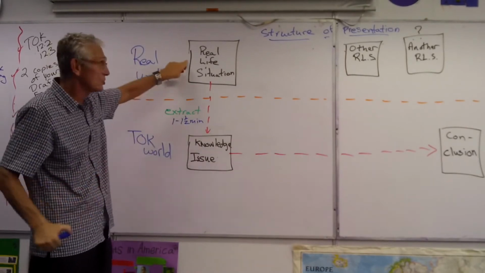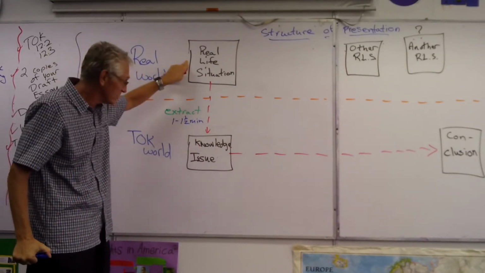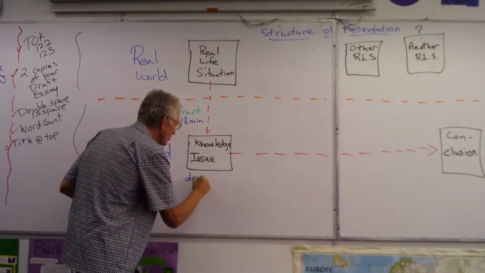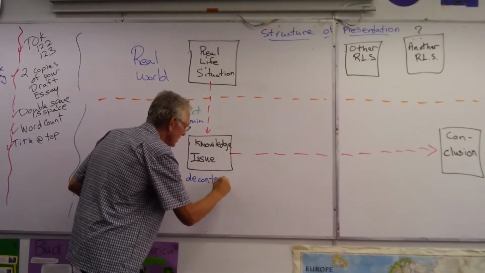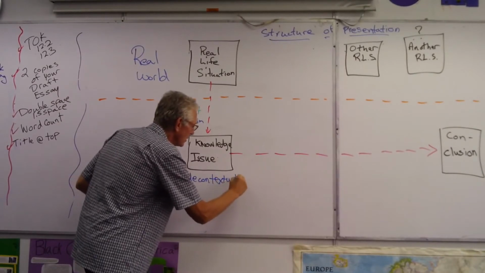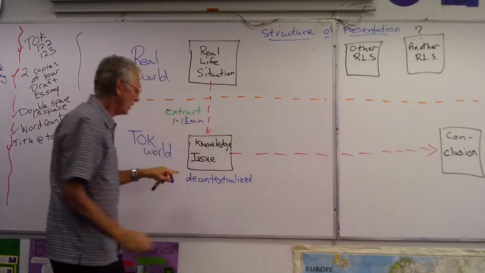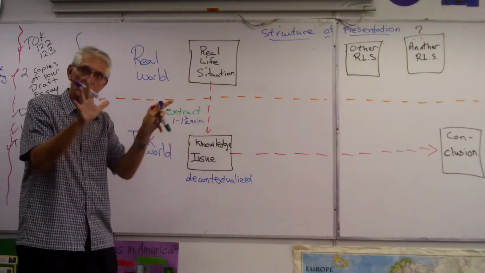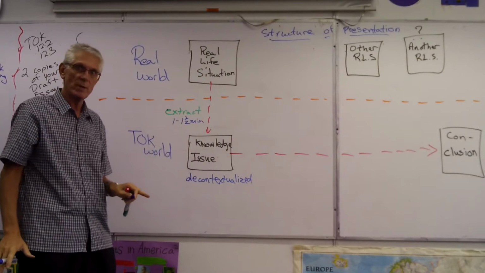Your KI should start with a specific real situation, and it should become decontextualized. Meaning, it isn't just applying to this situation, it can be applied to a number of situations.